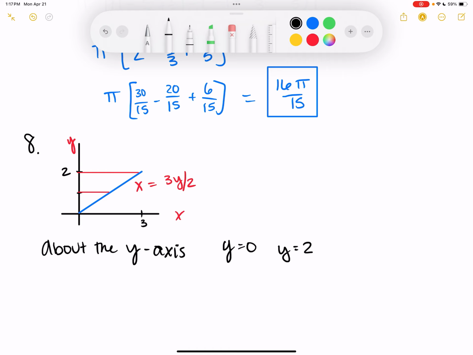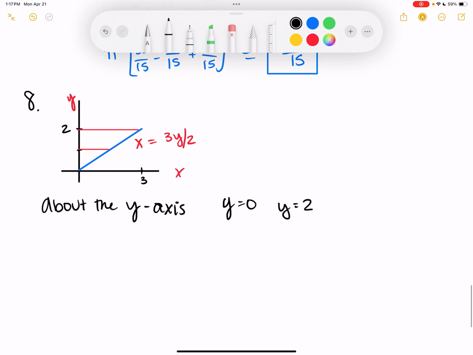We can use pretty much whatever shape, but I like circles the most. It's the easiest in my opinion. So I'm going to do it for a circle. So my radius is already given to me, right? 3y divided by 2. So I'm going to have a volume equals pi r squared.